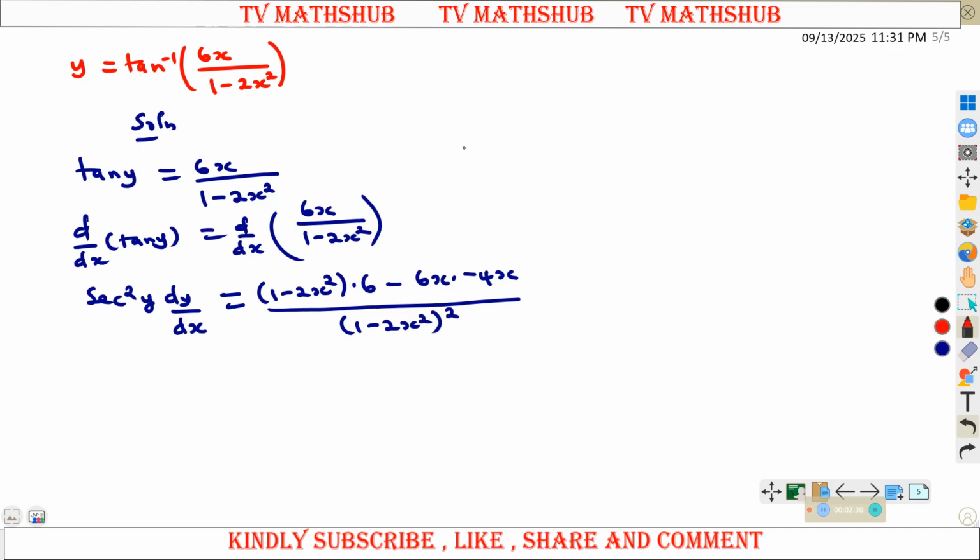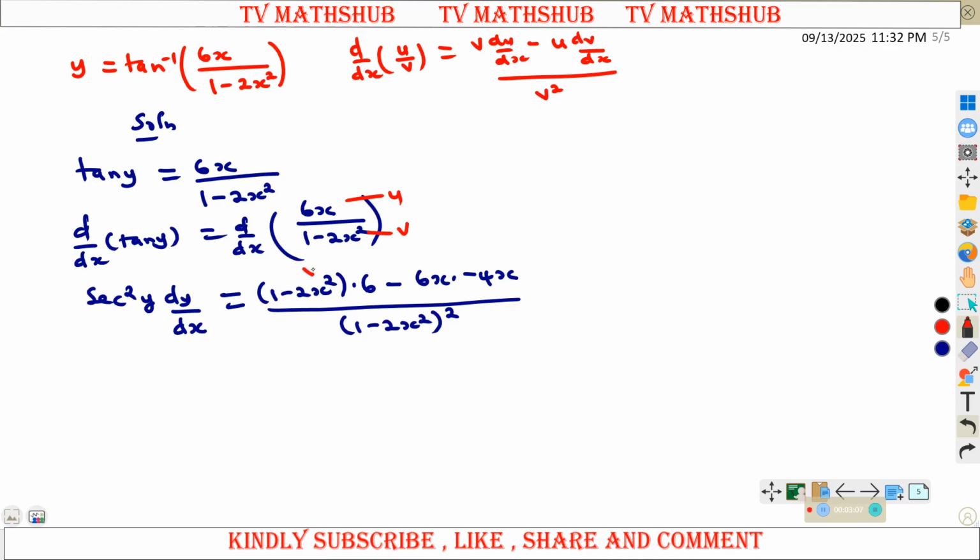We are borrowing this from the differentiation of u upon v with respect to x. Of course, this will be v du/dx minus u dv/dx, then divided by v squared. So our u is this, and this is our v.